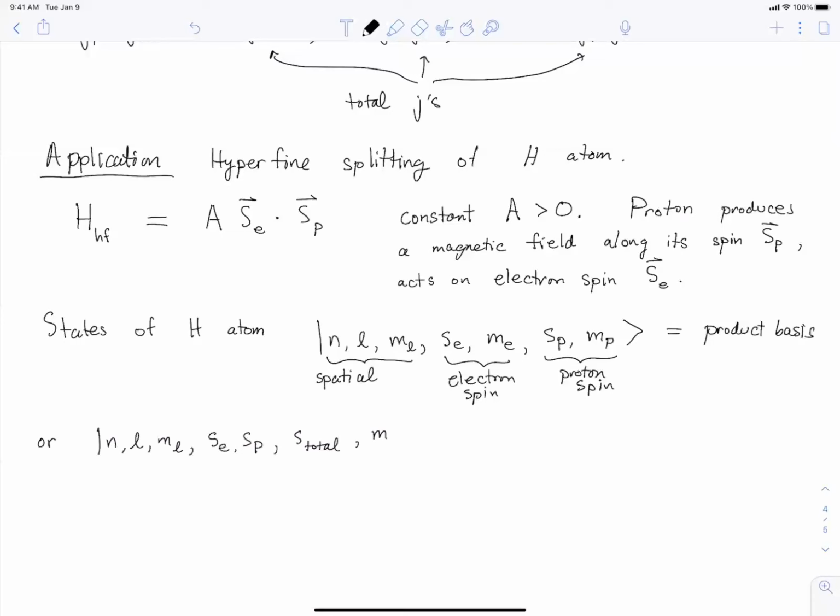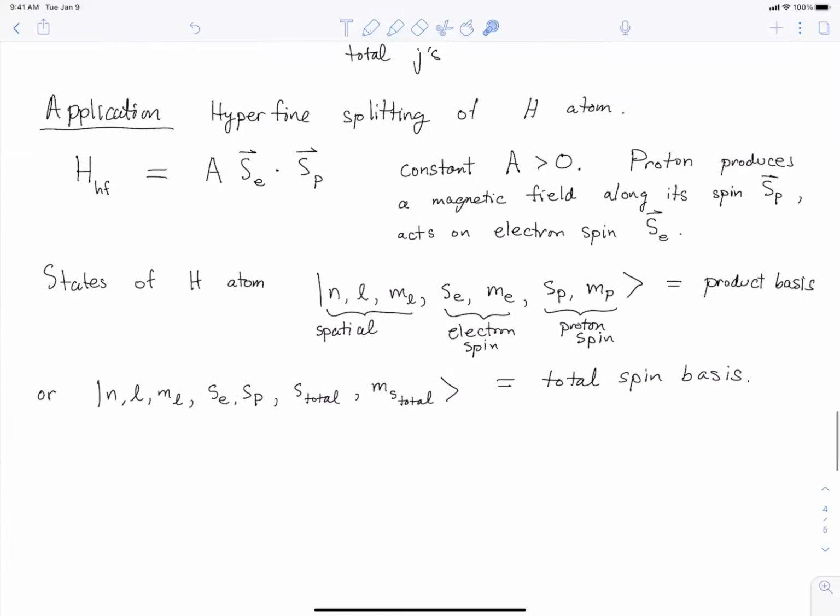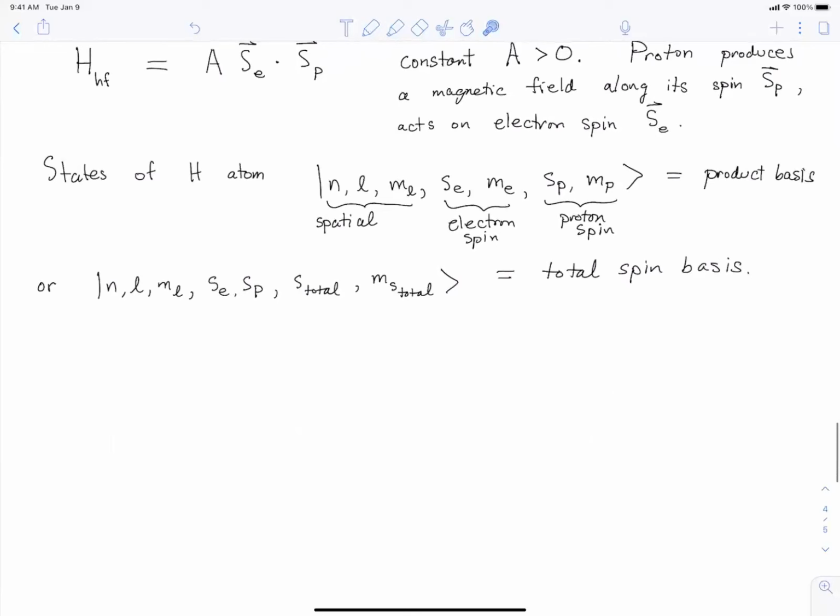So they're calling that m of s total. Okay, and that's the total spin basis. And from what I told you, when you see this dot product of angular momenta, that's a good indication that we want to use the total spin basis. So let's see how that works.